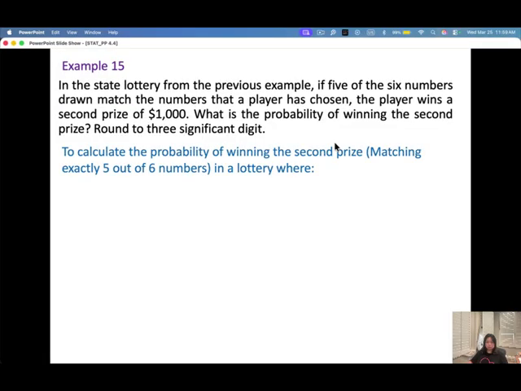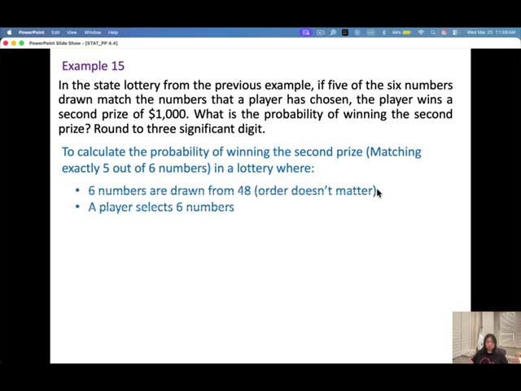So now we're going to calculate it. We need to pick 5 numbers from the 6 winning numbers. We have 6 of them, and we want to pick 5, and the order doesn't matter. So that would be 6C5 here.